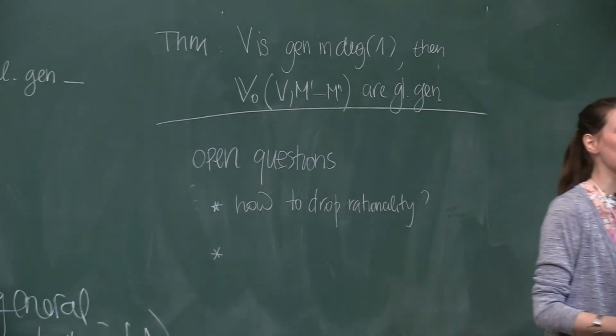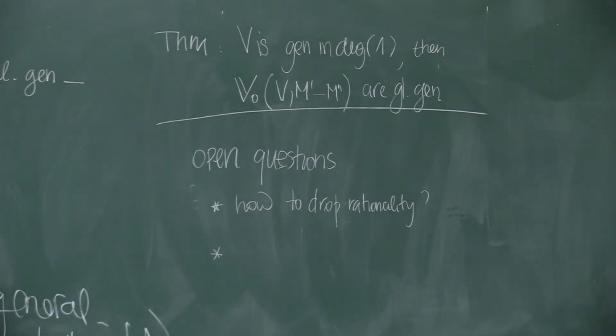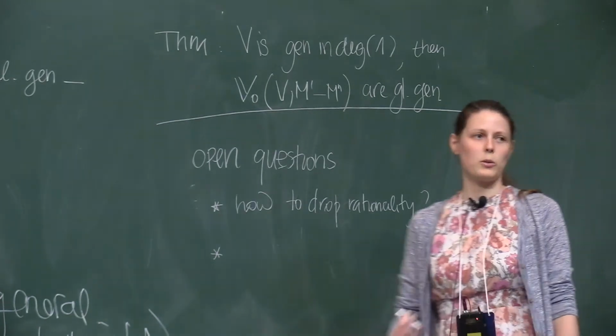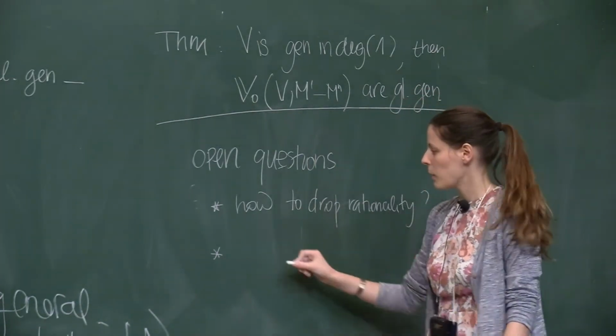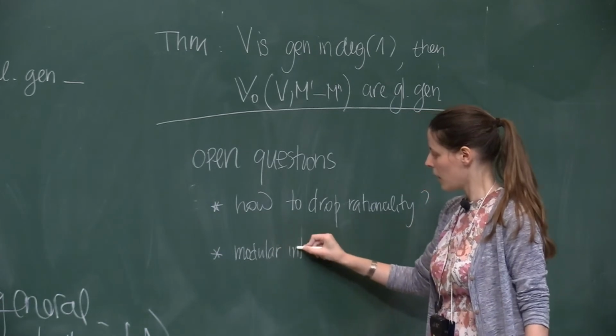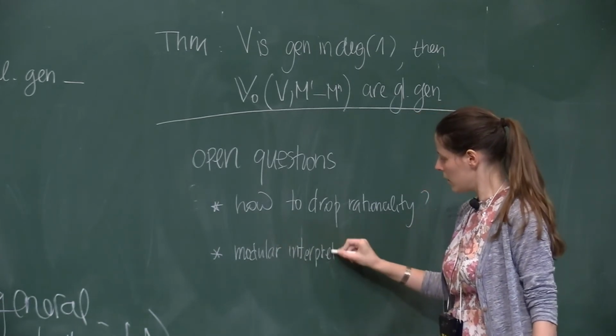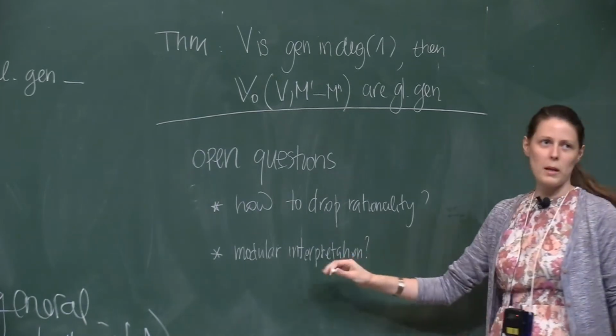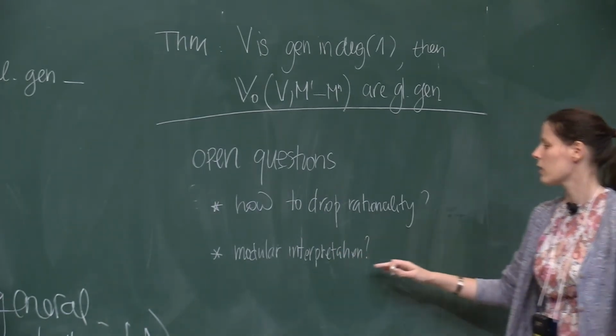Okay, and the second question, which is maybe going back to the Lie algebra case, is whether we can have a modular interpretation. What do I mean by this? I know this can be a very misleading word.